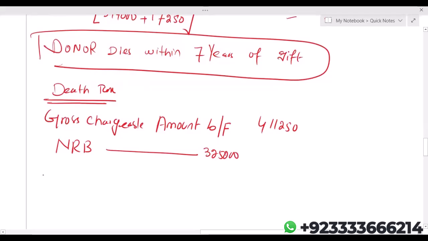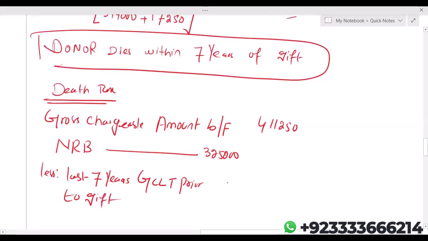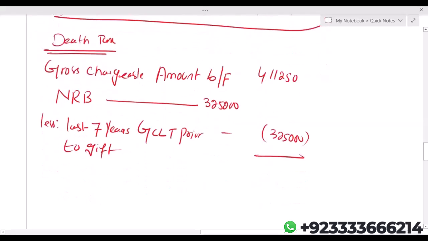And again, you have to write less: last 7 years gross CLT prior to the gift. Let's say we have nothing. $86,250, that is your taxable amount.